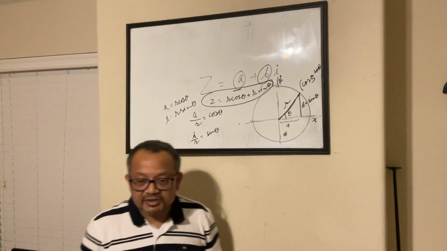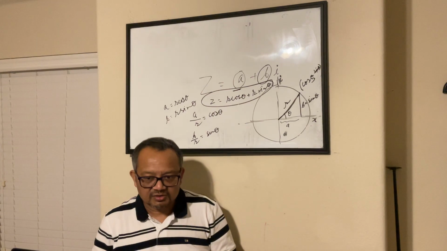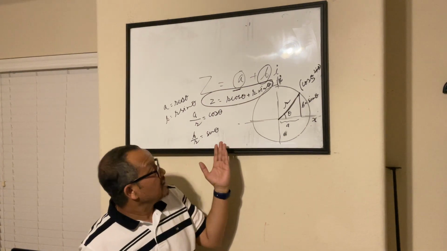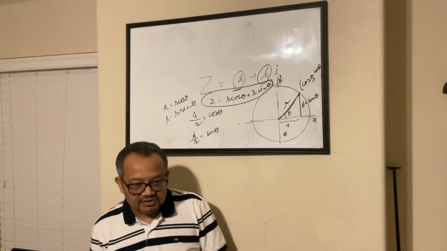That form of representation is called the polar form of a complex number. Both are essentially the same, nothing different. It's just a different representation.